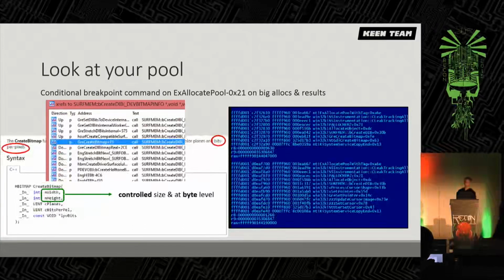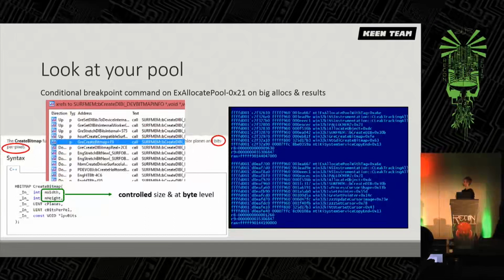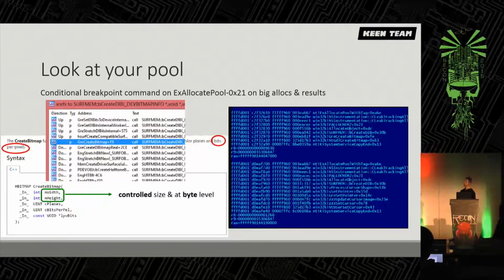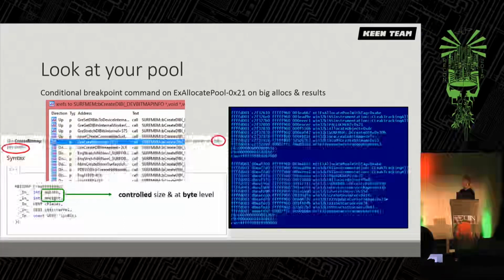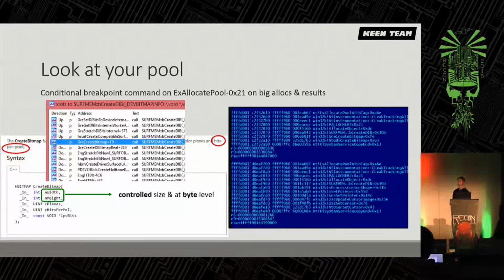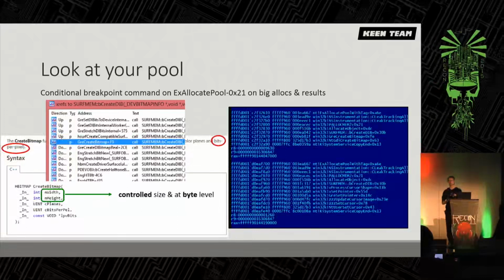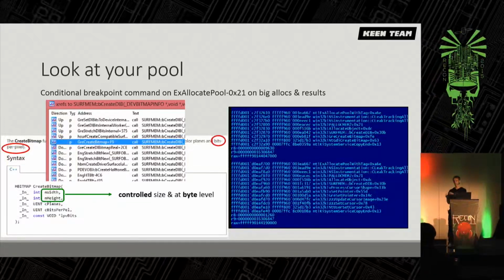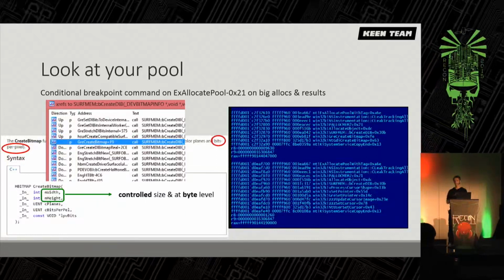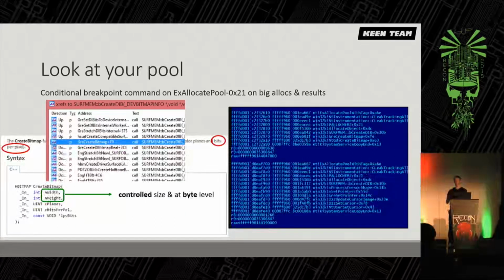Okay, so we wanted to look more at it, and we set some conditional breakpoints on our session pool. Our first guess was that we would like to go into the big pools, because in the big pools there are probably not so many randomizations and not so many mitigations introduced in the pool manager.